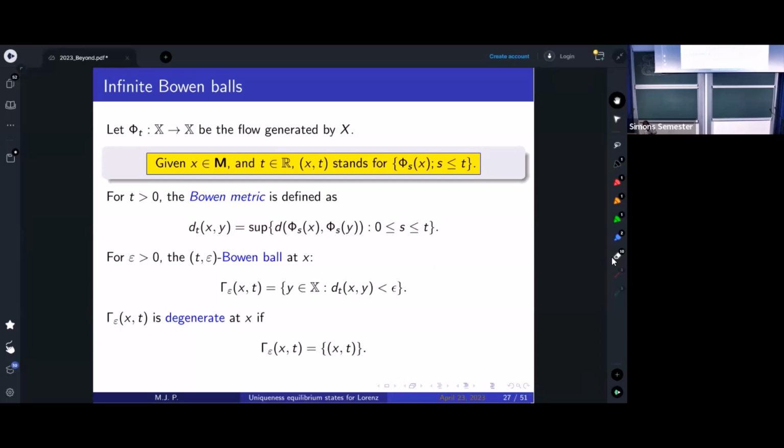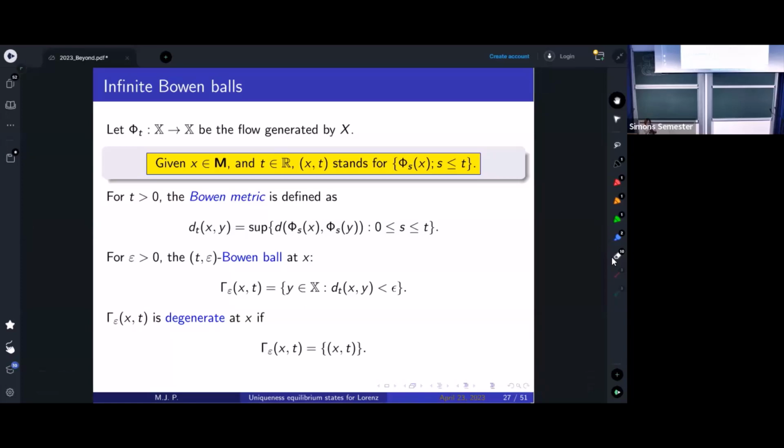Okay, and for t bigger than 0, the Bowen metric between two points is the supremum of the distance between the points along this segment of orbit, and the epsilon Bowen ball at x is the set of points y such that the Bowen distance between x and y is less than epsilon. Okay, and we say that this Bowen ball is degenerate at x if it is only the segment of orbit.